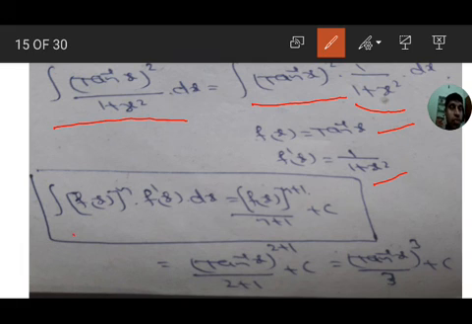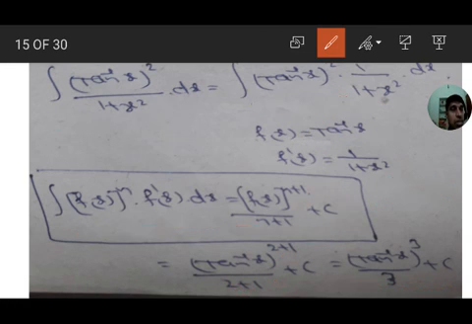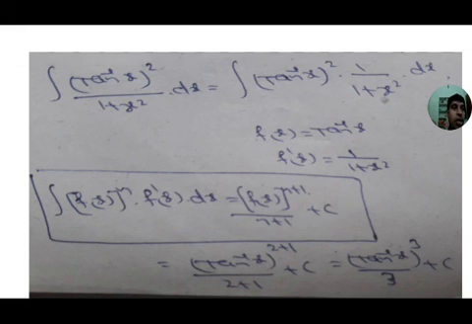So it is of the form integration of f of x whole to the power of n into f dash x dx equal to f of x whole to the power of n plus 1 by n plus 1 plus c, where n equal to 2. So f of x equal to tan inverse x whole to the power of 2 plus 1 by 2 plus 1 plus c, that is tan inverse x whole cube by 3 plus c is the answer. We can do it by using the formula or this one.